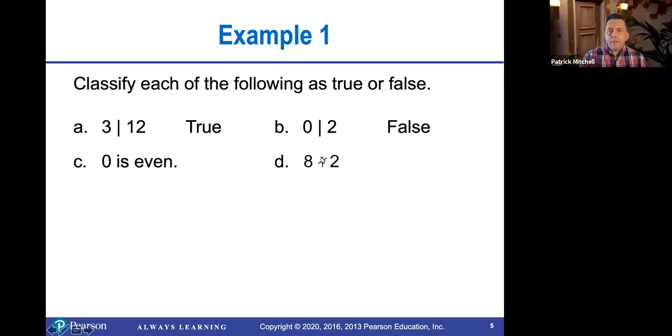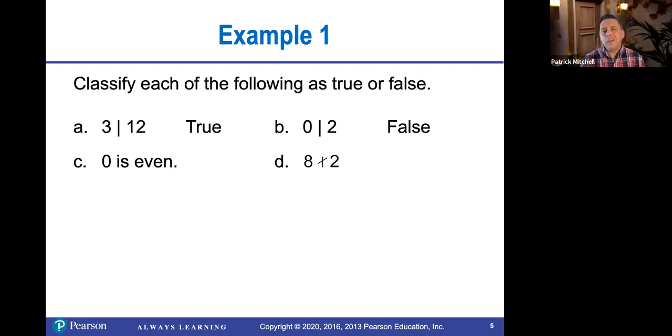All right, I personally find these ones a little confusing. Any true-false statement that has the word not in it is bound to be a little confusing. So the statement is 8 does not divide 2. If you prefer, you can think of the statement as 8 divides 2, and then if it comes out true, we'll change it to false. If it comes out false, we'll change it to true.